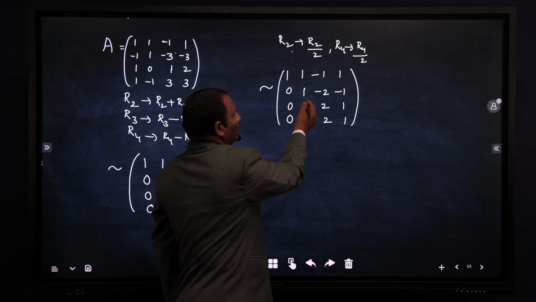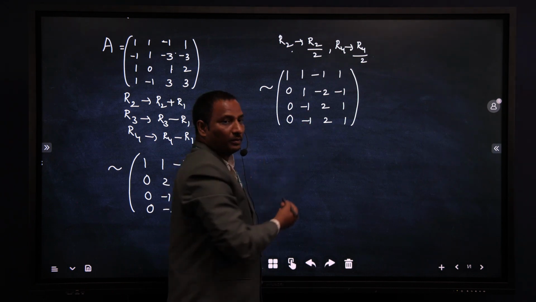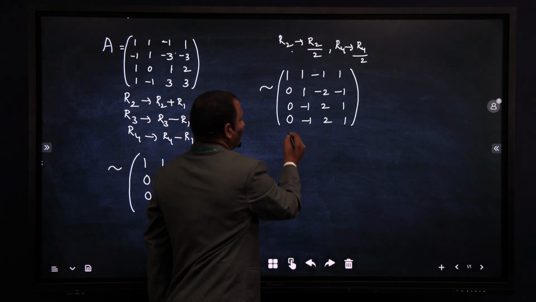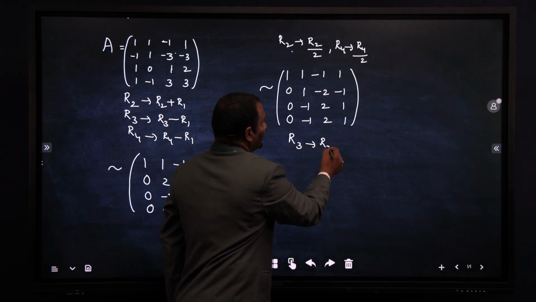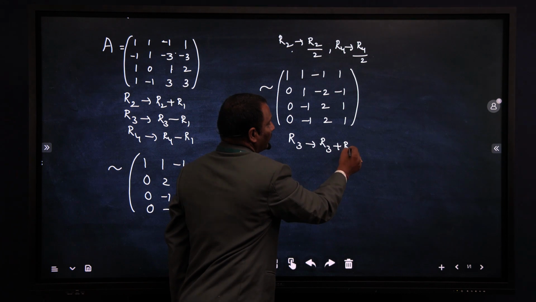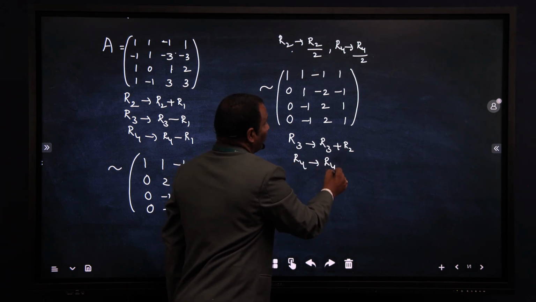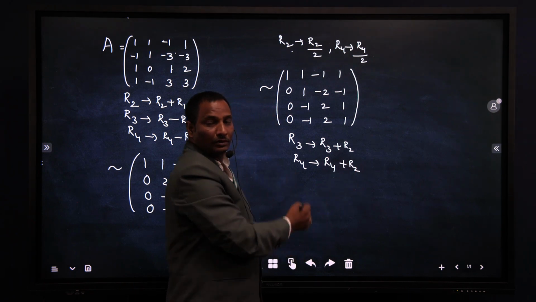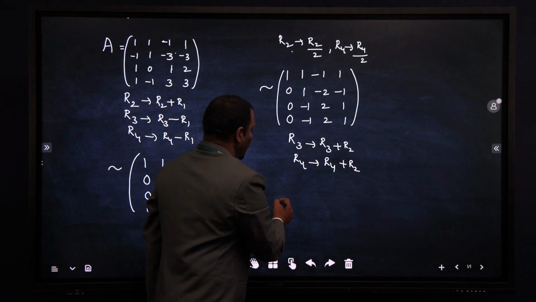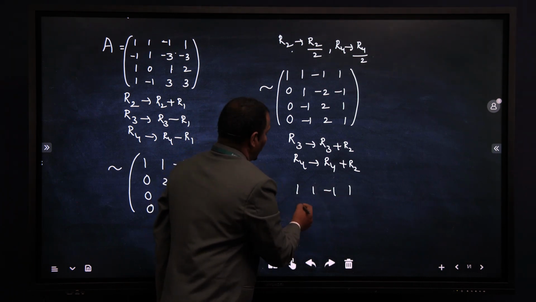Now, using the second row's second element, make all third row and fourth row elements 0. For that, write the operations: R3 implies R3 plus R2, R4 implies R4 plus R2. Now compute the operations. 1, 1, minus 1, 1.